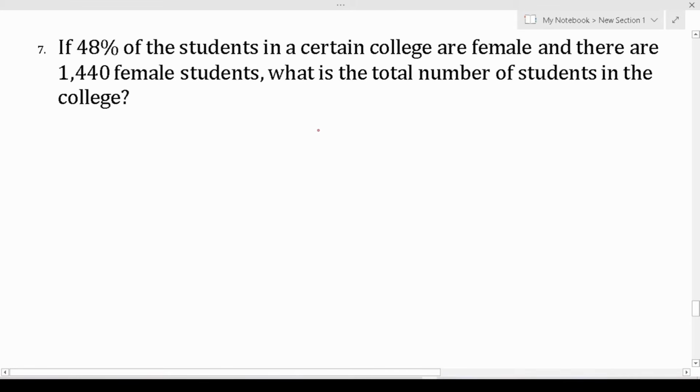All right, so number 7 says if 48% of the students in a certain college are female and there are 1,440 female students, what is the total number of students in the college? So let's write our little phrase that will help us translate this into an equation. And I'm going to write it like this. 1,440 is 48% of what?